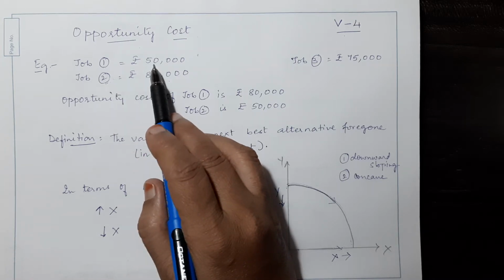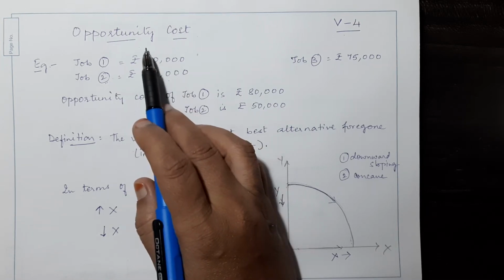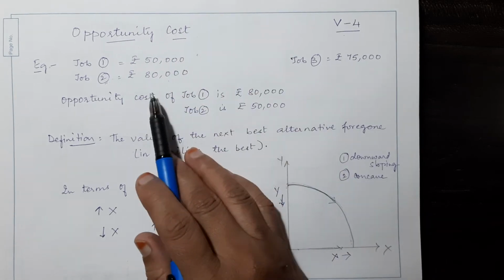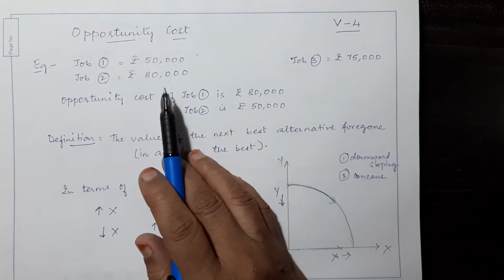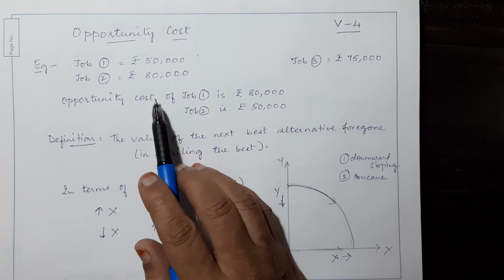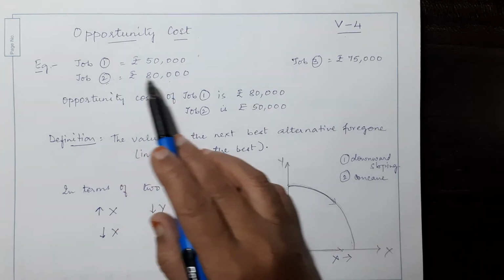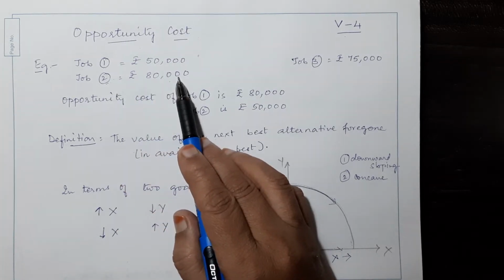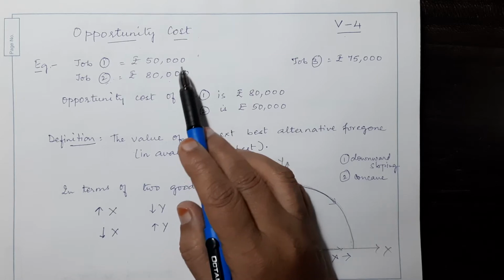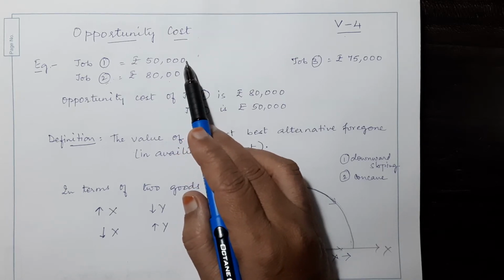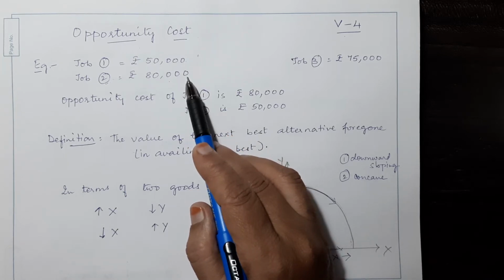It is 50,000 rupees. What opportunity actually means is chance, or let us say a favorable circumstance, isn't it? So if the favorable circumstance is job 2, then we are foregoing an opportunity of job 1, which offers us 50,000.